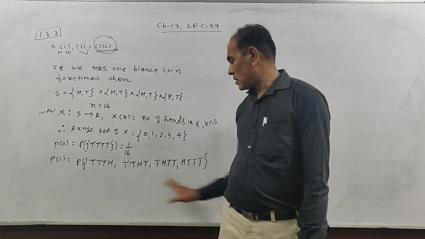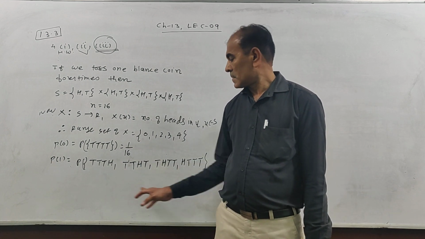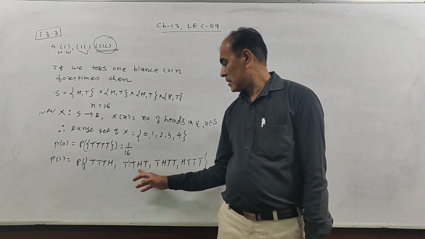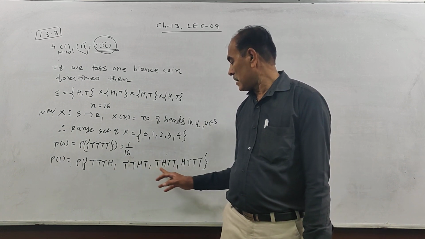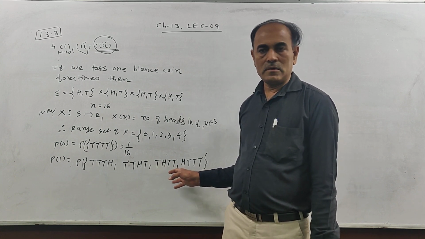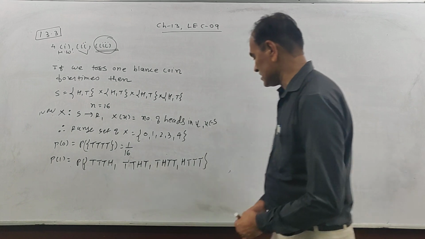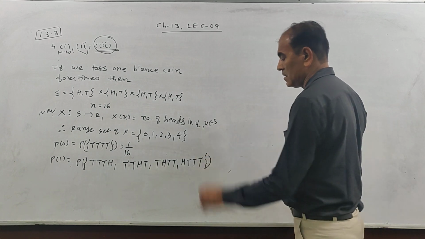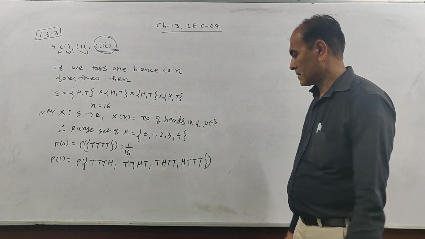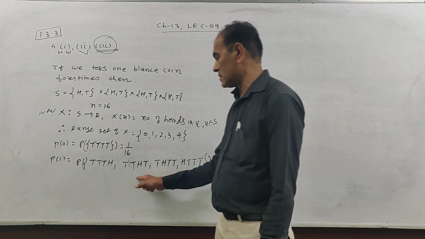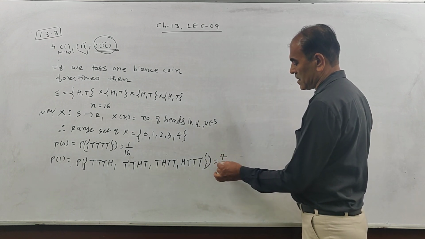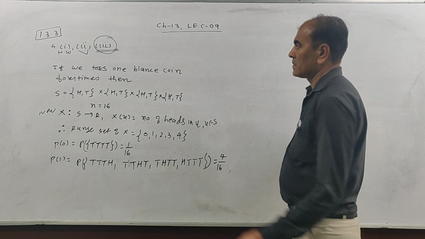You can write in any order, no problem. Head obtained in 4th trial, head obtained in 3rd trial, head obtained in 2nd trial, head obtained in 1st trial. You can write any order because this set is represented in the listing method, so order is not necessary. How many observations are there? 4. So that comes 4 by 16.